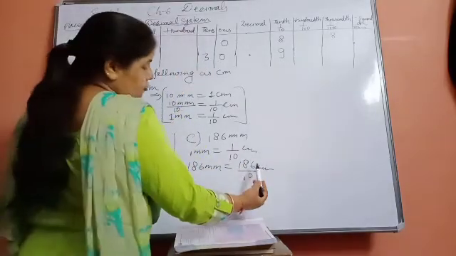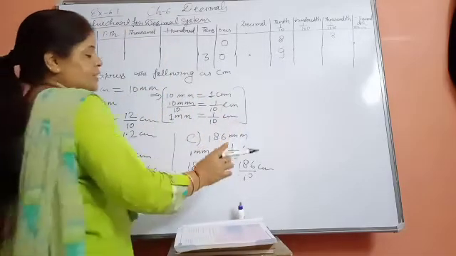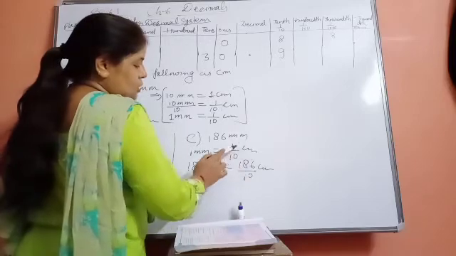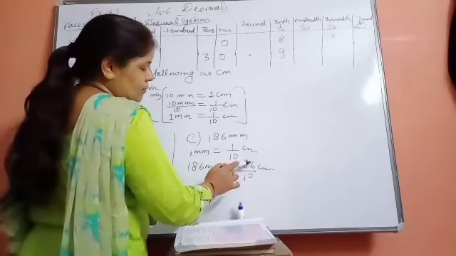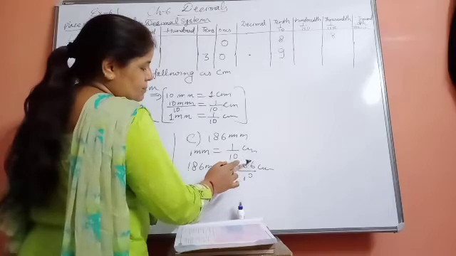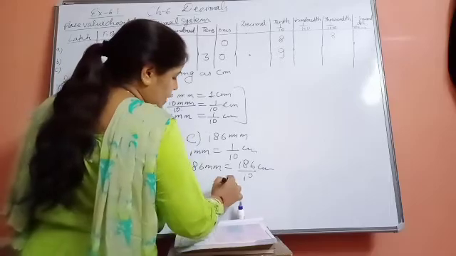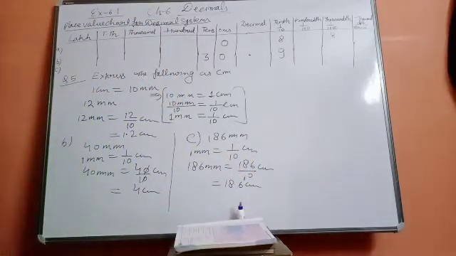If we are not able to see the decimal, it means the decimal is after the last digit. There is 1 zero, so shift the decimal one place to the left, before the 6, so it will be 18.6 centimeter. In this way you will do it.